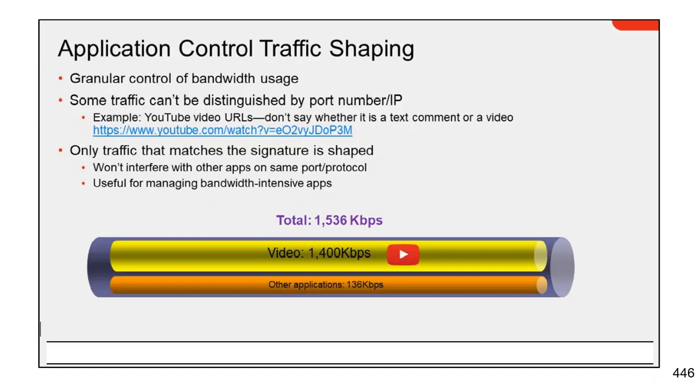So you apply traffic shaping or bandwidth control, limiting the bandwidth that can be consumed by YouTube, while still allowing access to other content on the site, such as the comments or the share options. Those will be available, but the video section will be restricted.